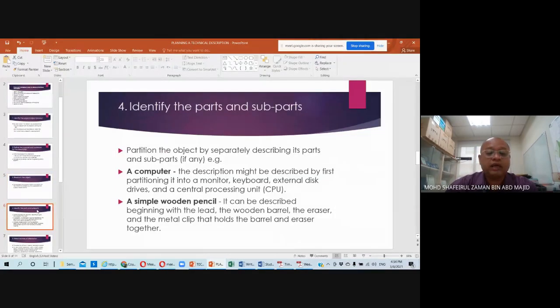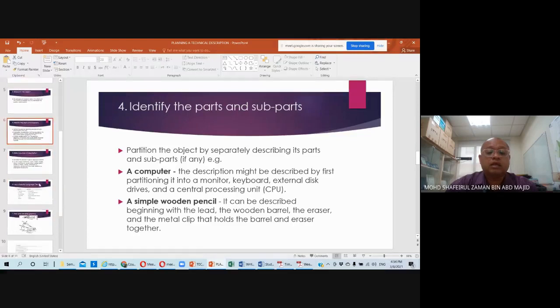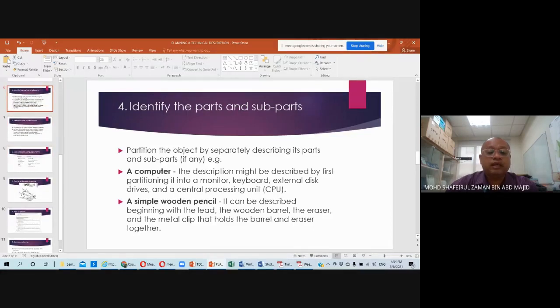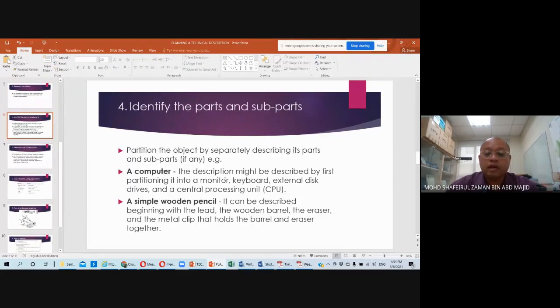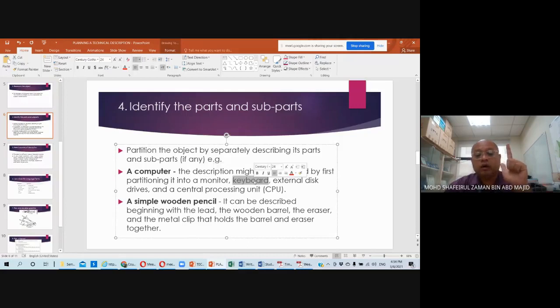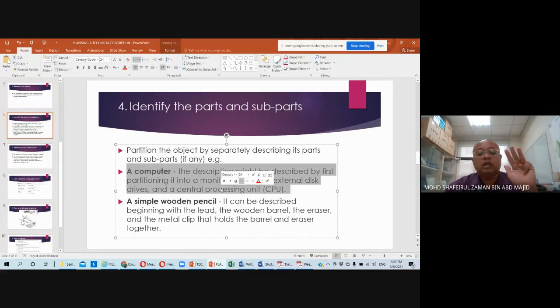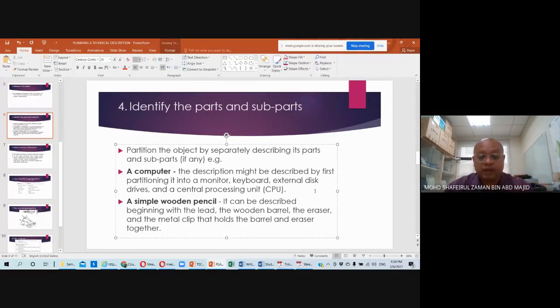Next, identifying the parts and subparts. For example, given here, a computer might be described by first partitioning it into monitor, keyboard, external disk drive, and a central processing unit. So in a computer, most probably you're going to have 4 main parts. And sometimes, for each of the main parts, there are several other subparts.